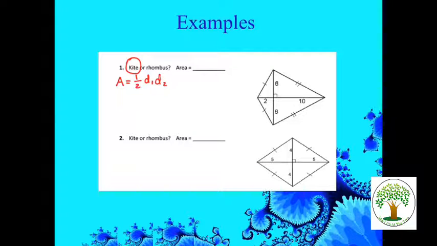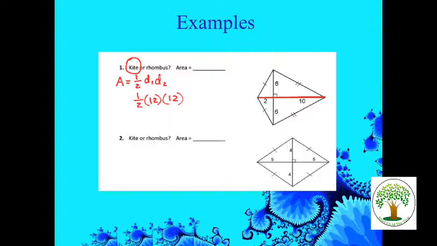So we started here. All right. What is one of the diagonals? How long is it? 12. Yes. What about the other diagonal? 12. Yes. Let's make sure we know why. This distance, 6 plus 6, is 12. And this distance, 2 plus 10, is also 12.